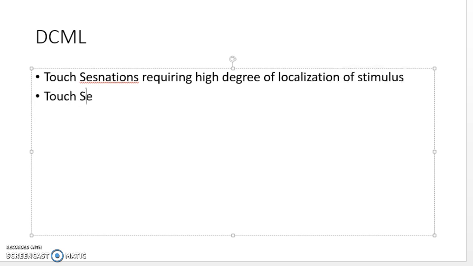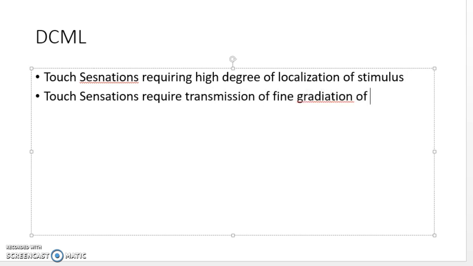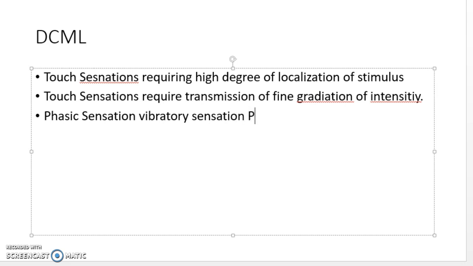Touch sensations which require transmission of fine gradations of intensity, of phasic sensations, which are vibratory sensations, and guess with what? The Pacinian corpuscle, the same corpuscle.